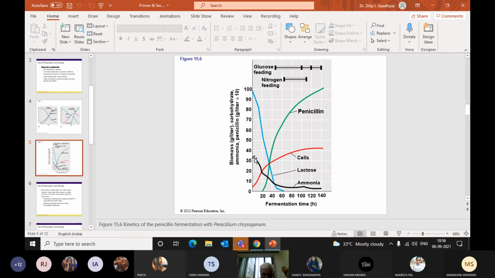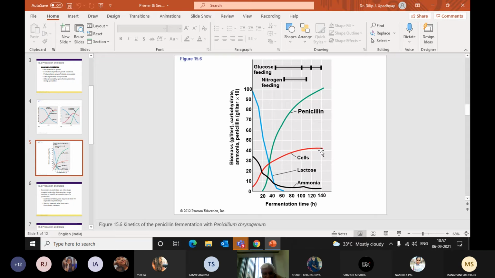As time passes, the concentration of ammonia is slowly reducing because the cells are utilizing it for growth. The carbon and nitrogen source are used for the growth, and the penicillin production starts when the cell is almost dead.